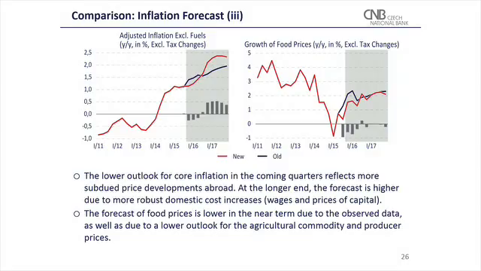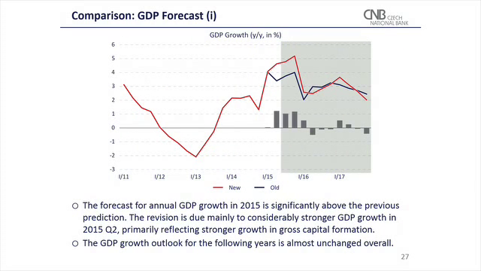But for the second half of 2016 and 2017, the forecast remains basically unchanged. GDP growth, I already mentioned, much higher in the rest of this year due to the surprising strong number in the second quarter of 2015.